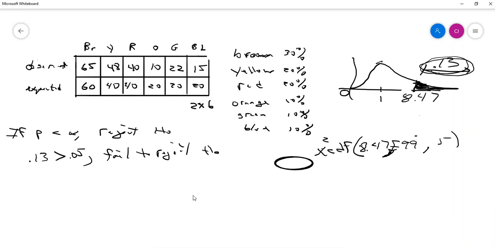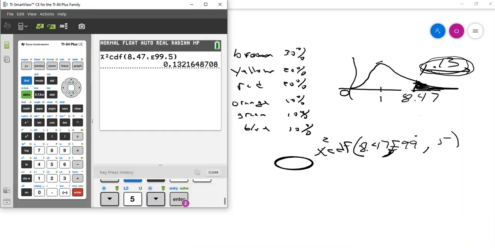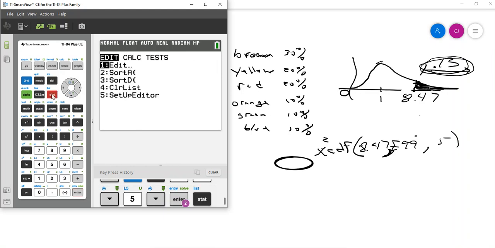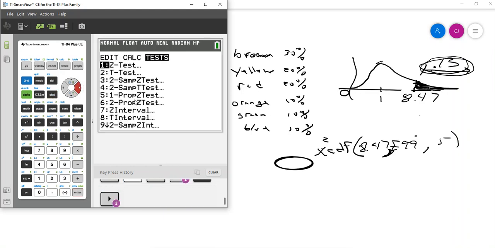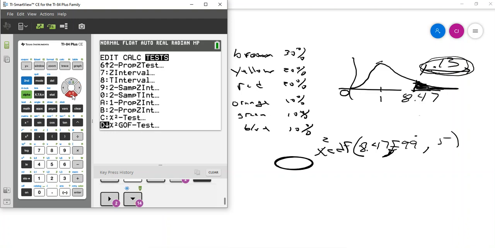So remember that. Check your calculator right away. That's the key to this first one, is go into stat, test, and go down. And again, everybody's going to have the chi-square test.